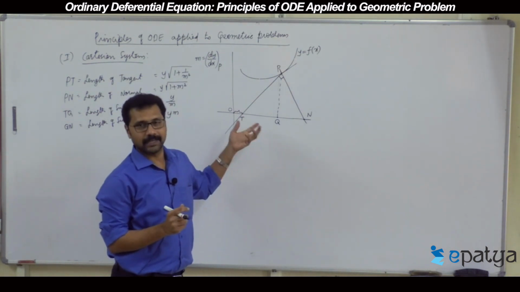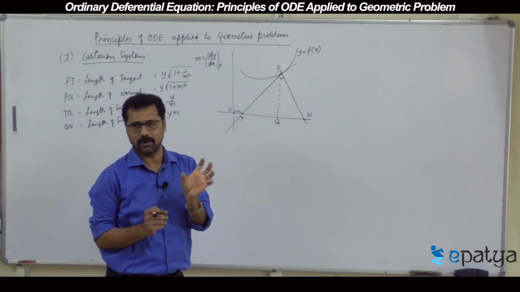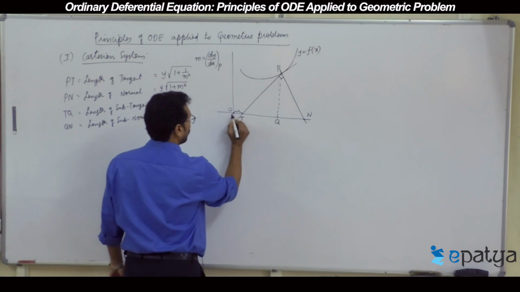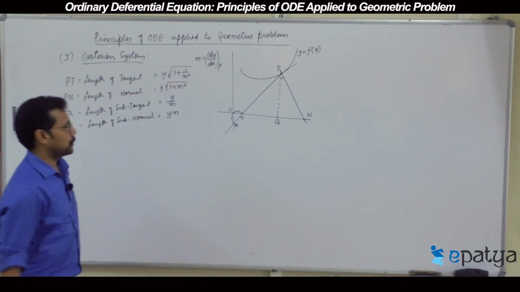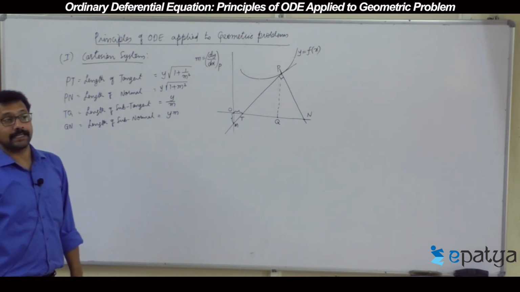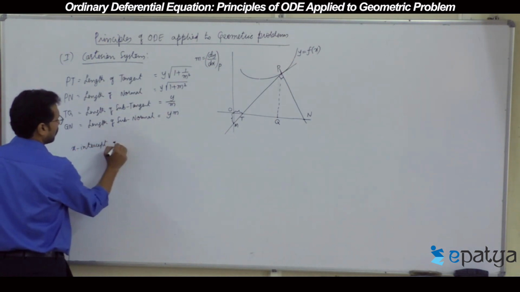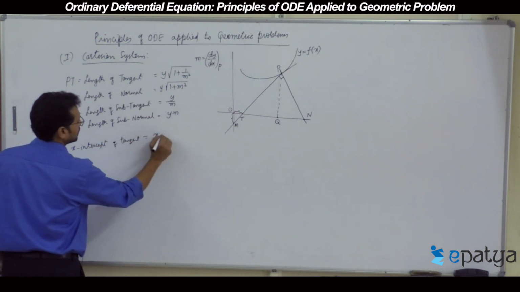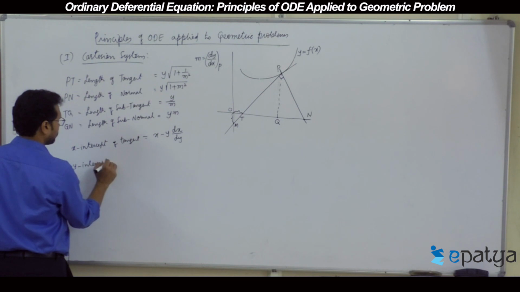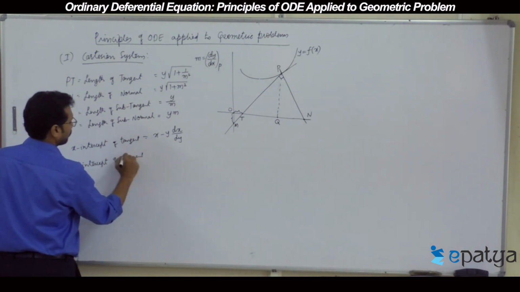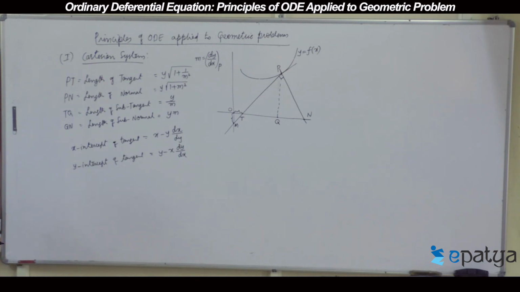The x-intercept of the tangent is given by x minus y into dx by dy, and the y-intercept of the tangent is y minus x into dy by dx.